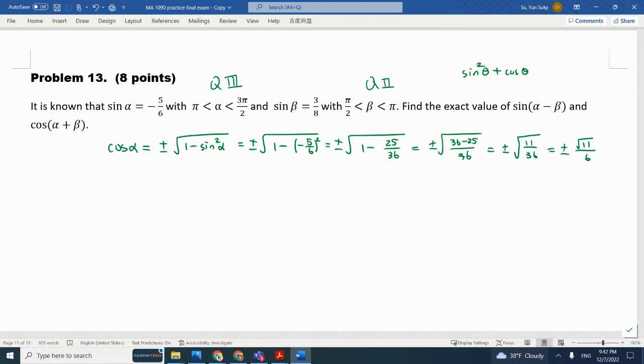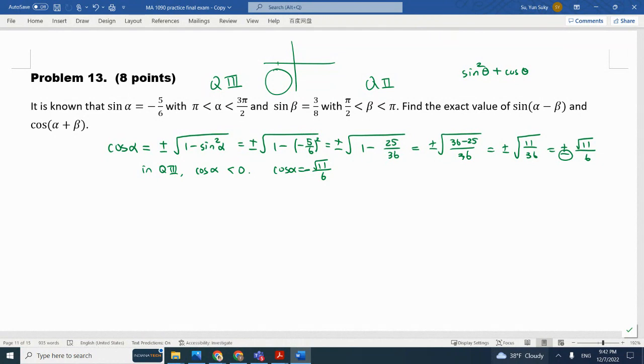Well, in quadrant 3, cosine is like the x, and sine and cosine are both negative. So in quadrant 3, cosine is negative. That's why we pick cosine alpha as negative square root of 11 over 6.